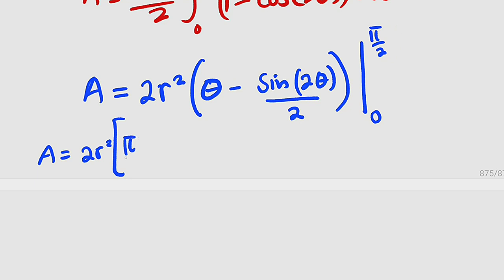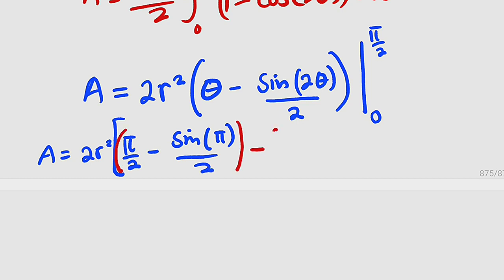We have pi divided by 2 minus sine of what? 2 multiplied by theta, meaning 2 multiplied by pi divided by 2. The 2's will cancel, leaving only pi divided by 2. Then we subtract the lower bound. And what is the lower bound? 0. Wherever we have theta, we are going to replace it with 0. So this is 0 minus sine of 2 times 0 is 0 divided by 2.